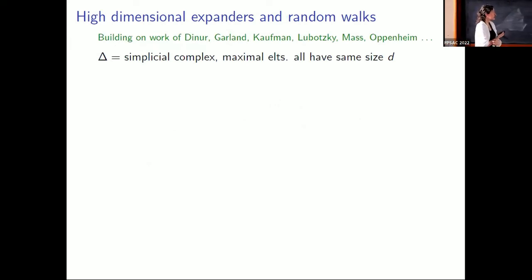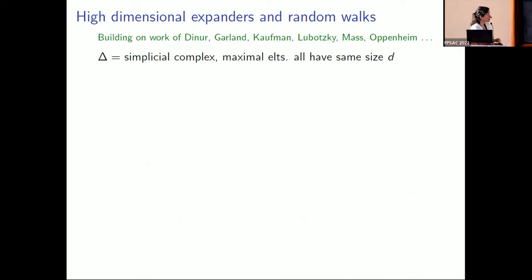So what I want to tie this into is some work on a Markov chain that happens on faces of a large simplicial complex that mixes quickly. These are called high dimensional expanders, and this builds on a long line of work by Dinur, Garland, Kaufman, Lubotzky, Mass, Oppenheim, and many others.